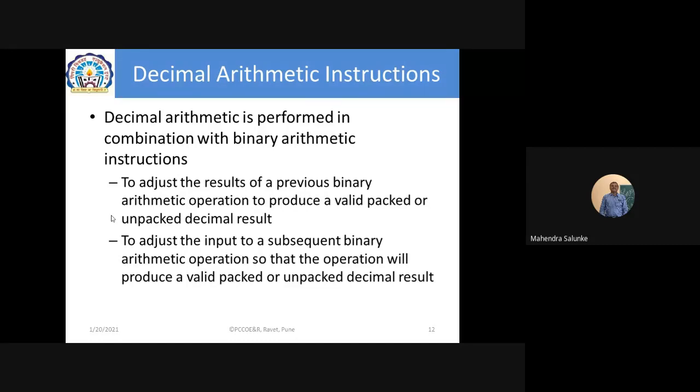And in case of packed BCD, we use 4 bits for a single digit. So in a byte-size operand, we can have 2 digits.